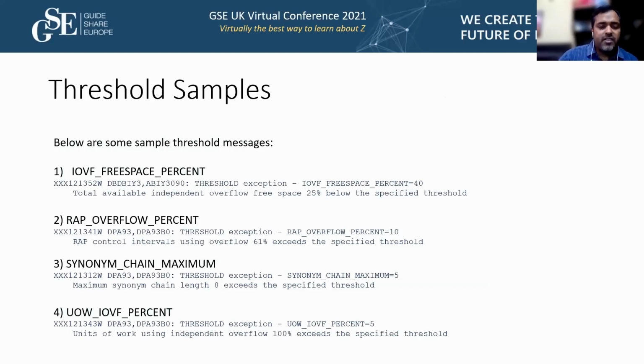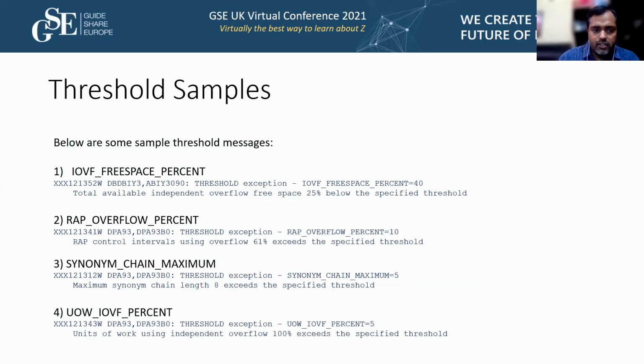Yeah, so I have just taken one example from each section of the threshold, and I'll talk about how we can use these thresholds to flag exceptions in our DEDB, meaning this particular threshold is breached and it might be a good time to do some more analysis.